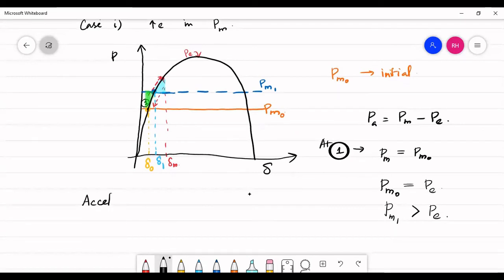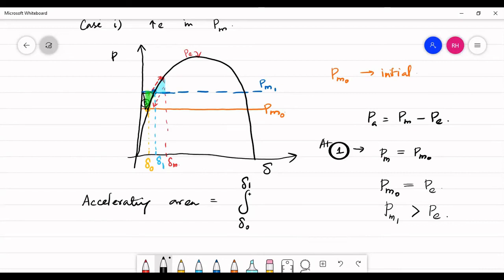So the accelerating area is equal to integral. So this green color portion is the accelerating area. So delta varies from delta naught to delta 1 for the accelerating area.